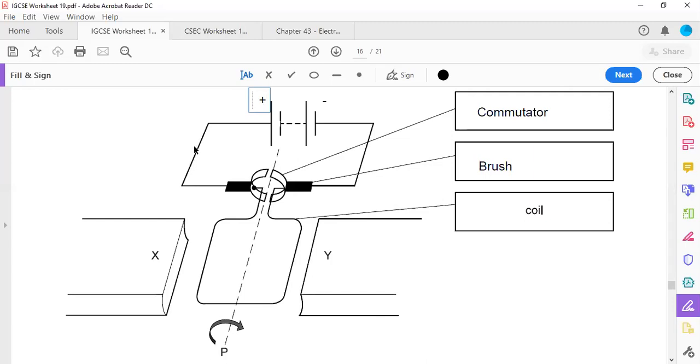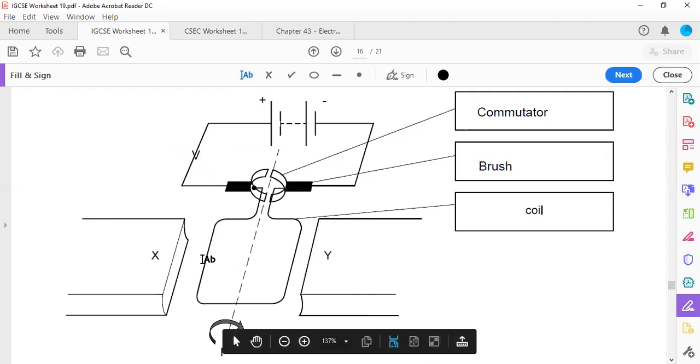Good. So yes, it will be flowing in this direction, going in. I'm going straight into this one, so current is going to be flowing here too as well.